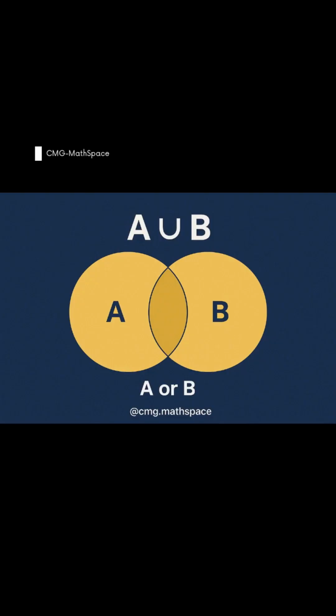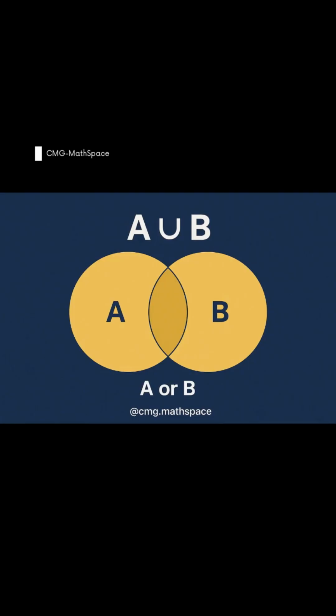Now, this episode is entitled The Concepts of Venn Diagram Representations, a simple guide to set union, intersection, and complement. Before we start shading regions in Venn diagrams like A union B and A intersection B or A complement, it is important to understand what those ideas actually mean.